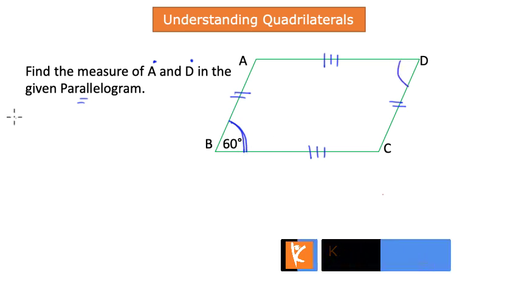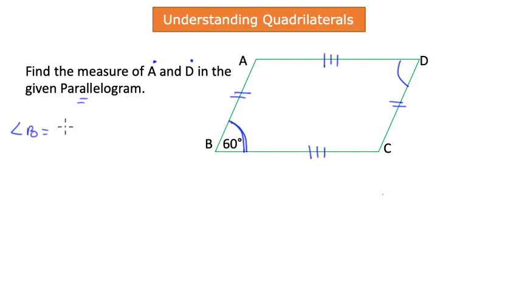That means angle B is equal to angle D. We are already given angle B, so angle D is also 60 degrees. Now let's try to find angle A.